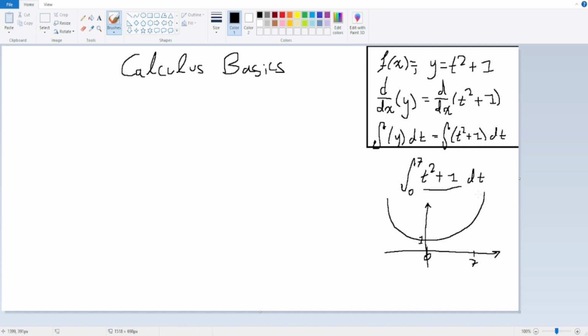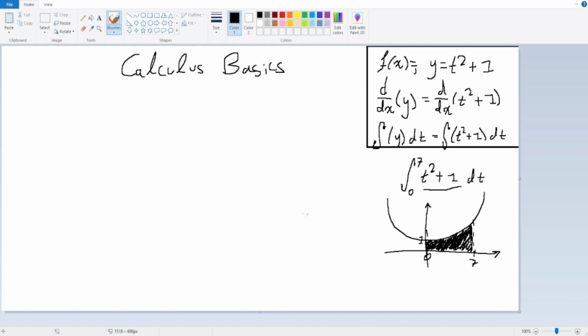So then let's answer the question of what is a derivative and what is an integral. Like, what does it actually do to our function? Let's start with the integral, since I already have this drawn. An integral is the area under the curve of a function. If we look at the integral above, from 0 to 7, it is this area right here.